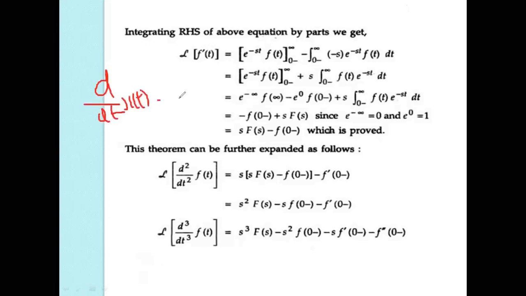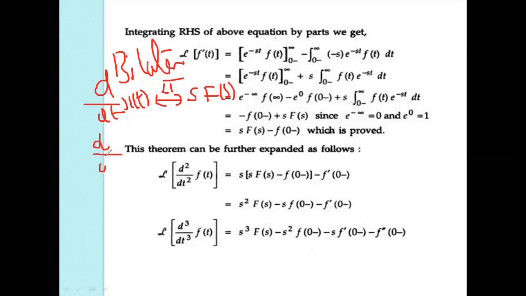Come to the next property. So we learned the bilateral and the unilateral, my students. Previously, for bilateral, the Laplace transformation of d by dt of x of t is s into F of s, and that is for bilateral.